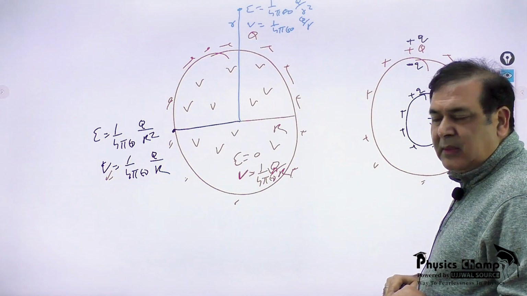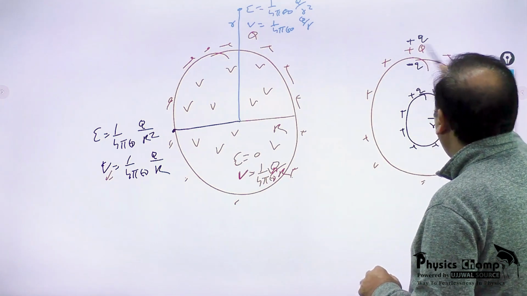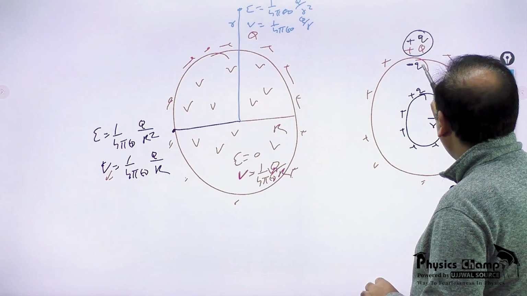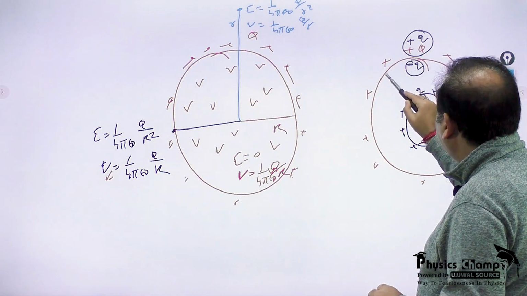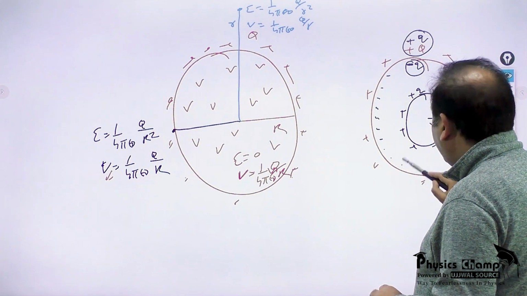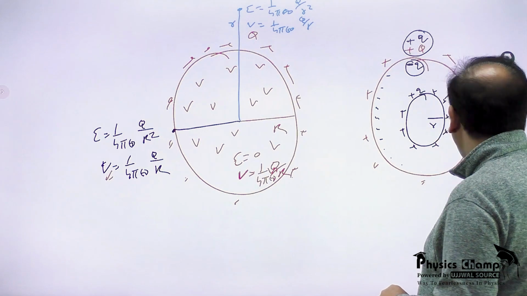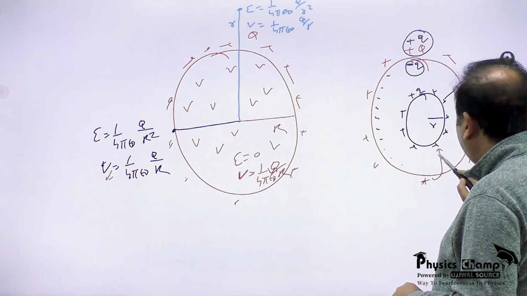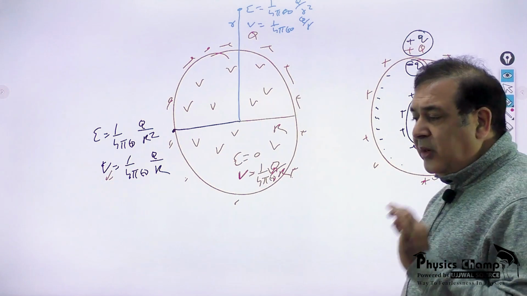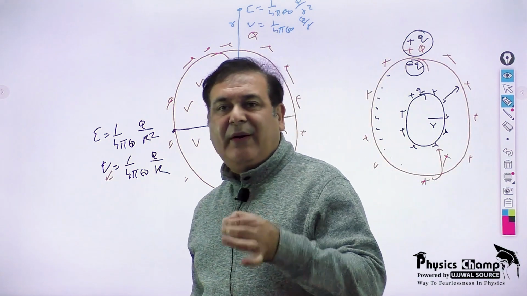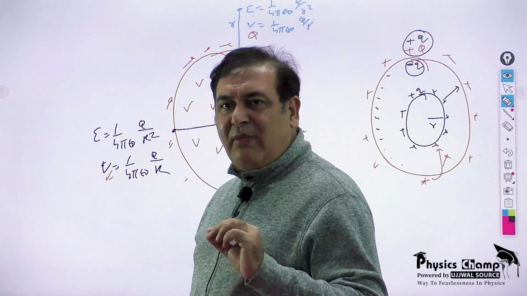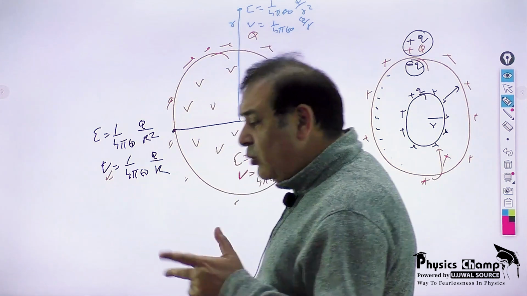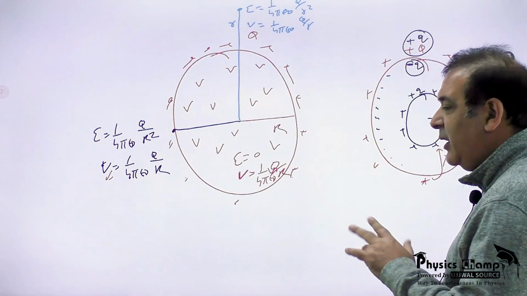It means the outer surface will have a net charge which is Q plus q, and the inner surface will have a net charge which is minus q. There will be no effect of this positive plus q charge as induced charge on the inner one. So no induced charge would go inward. Induced charge would always come from in to out.